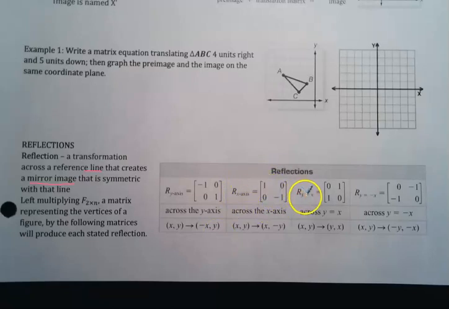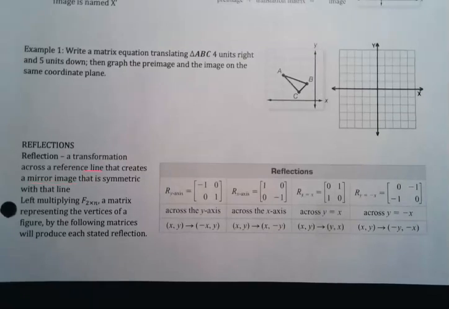A reflection across the line y equals x, we're going to use this matrix. And across the line y equals negative x, we're going to use this matrix. I know we're going to have to flip back and forth a little bit for example 2, but we're going to make it make sense.